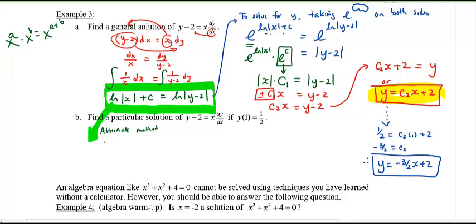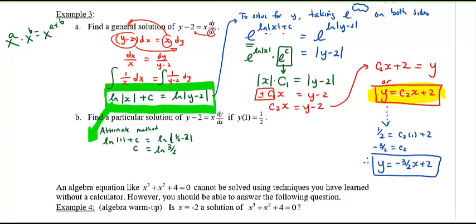So if I did it like this, then the natural log of 1 plus c equals the natural log of 1/2 minus 2. So natural log of 1, of course, is 0, so I'm just left with c. So c equals the natural log of the absolute value of 1/2 minus 2, which is negative 3 over 2, but it's the absolute value, so just ln of 3 over 2.